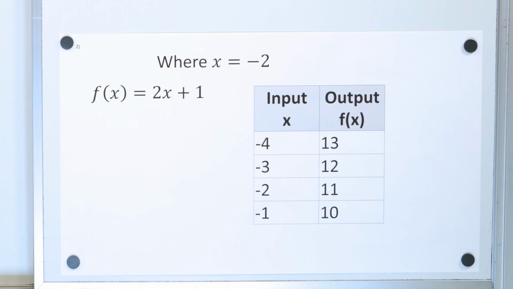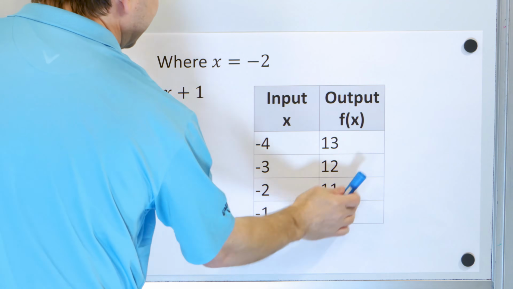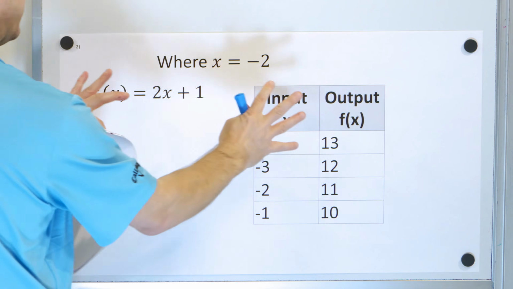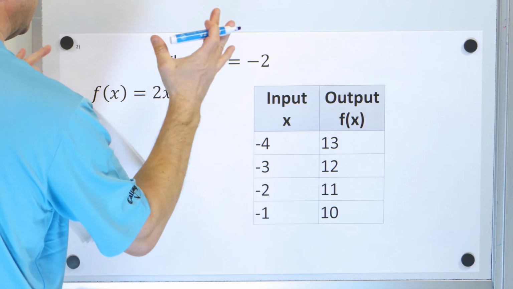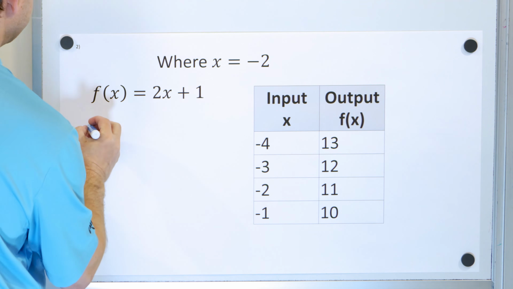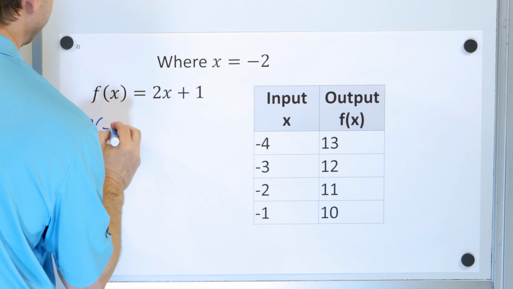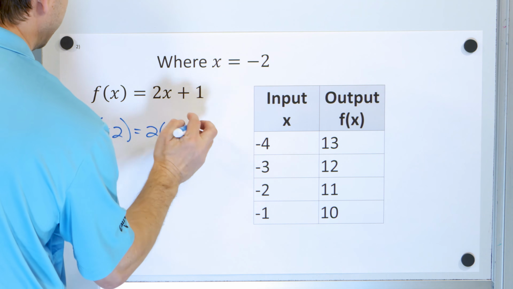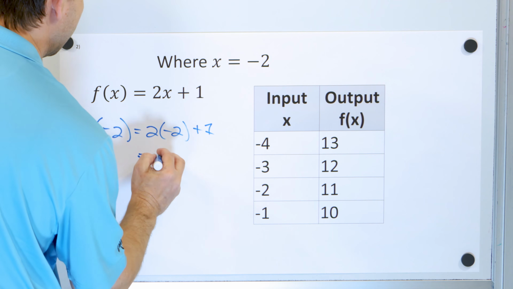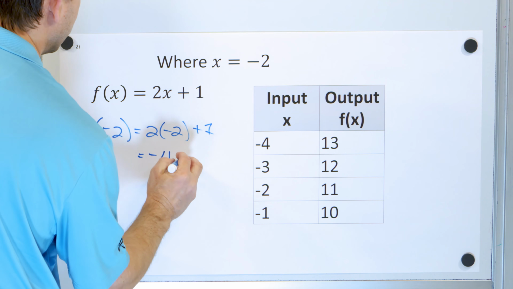All right, let's take a look at problem number 2. Here we have a function and we have a table, which is a different function. Let's compare these functions when the input is allowed to equal -2. Which one has the greatest value at that moment? So we can evaluate when x is equal to -2. We'll say 2 times -2 for x means we'll have -4 here plus 1.